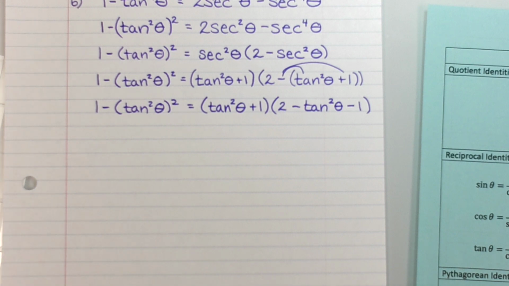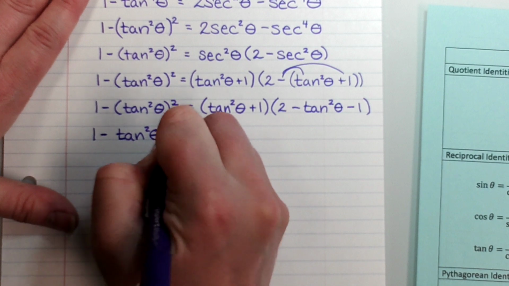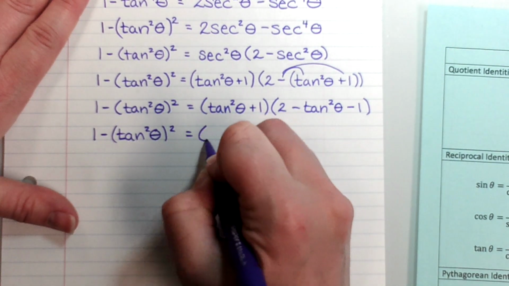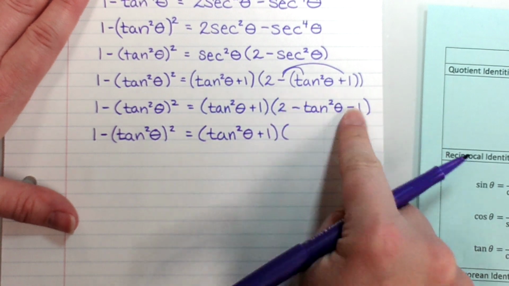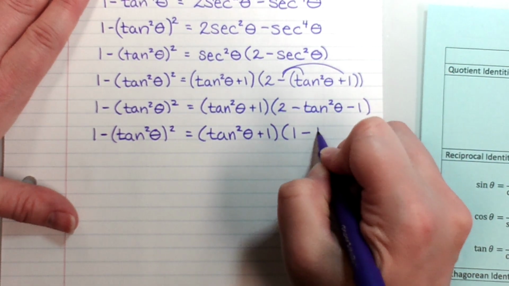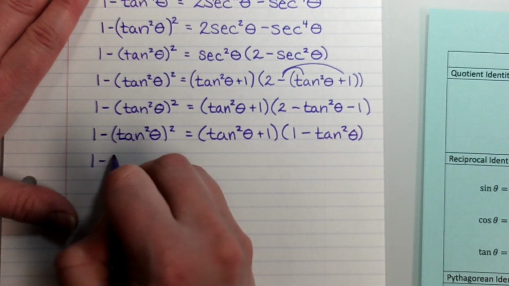Tangent squared theta plus 1 times 2 minus tangent squared theta minus 1. Can I combine like terms first? Yeah, I'm going to combine like terms first. Good idea. So this becomes a 1 minus tangent squared theta. And then I will follow your advice and distribute.